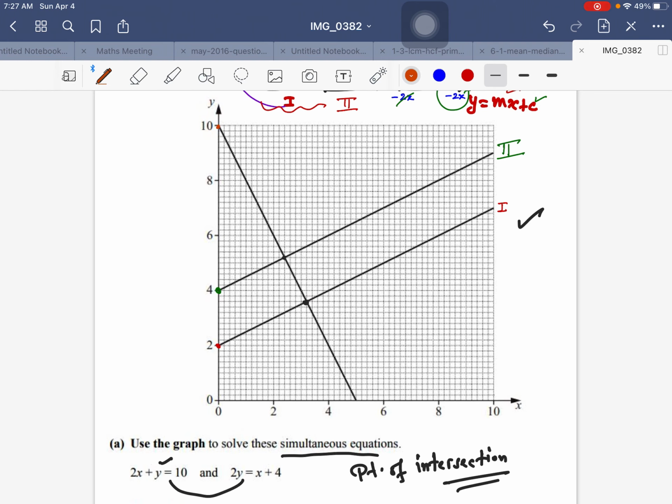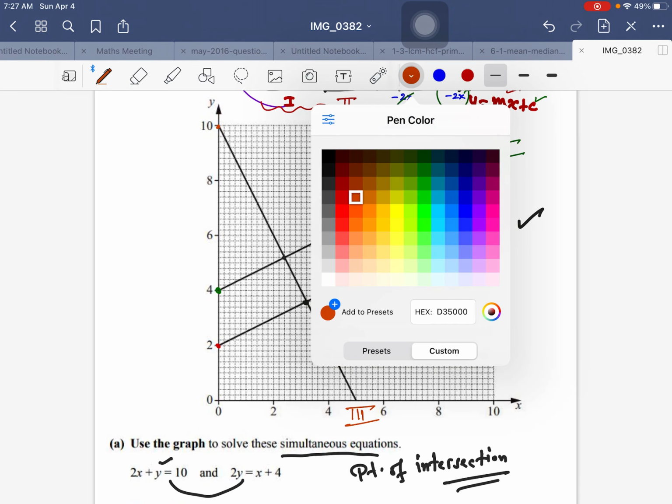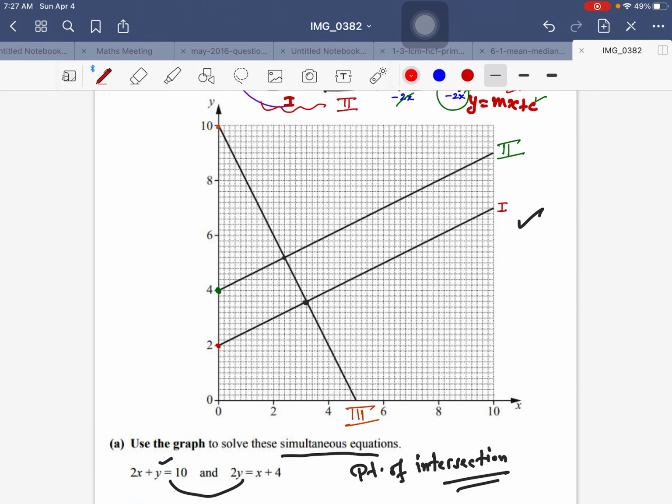So the third equation has this graph. Now it is crystal clear, right? This is the graph of the first equation, this is the graph of the second equation, and the moving down graph is of the third equation.